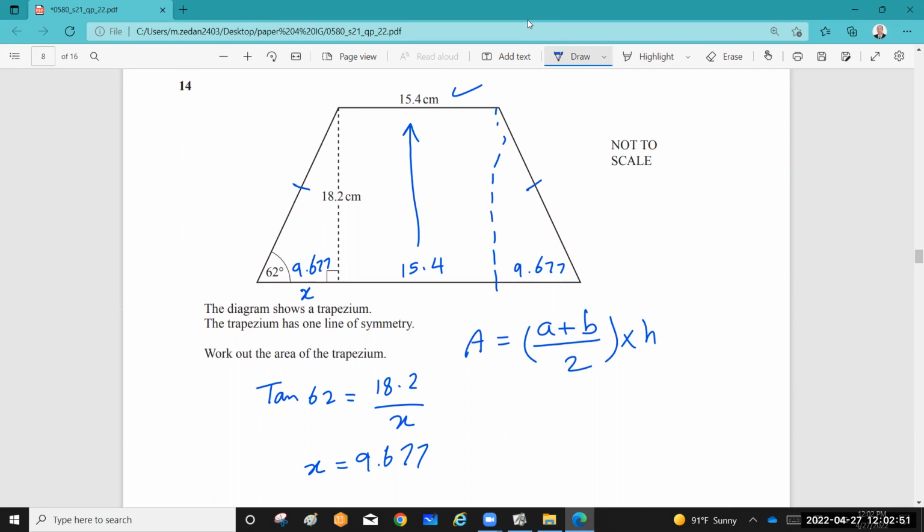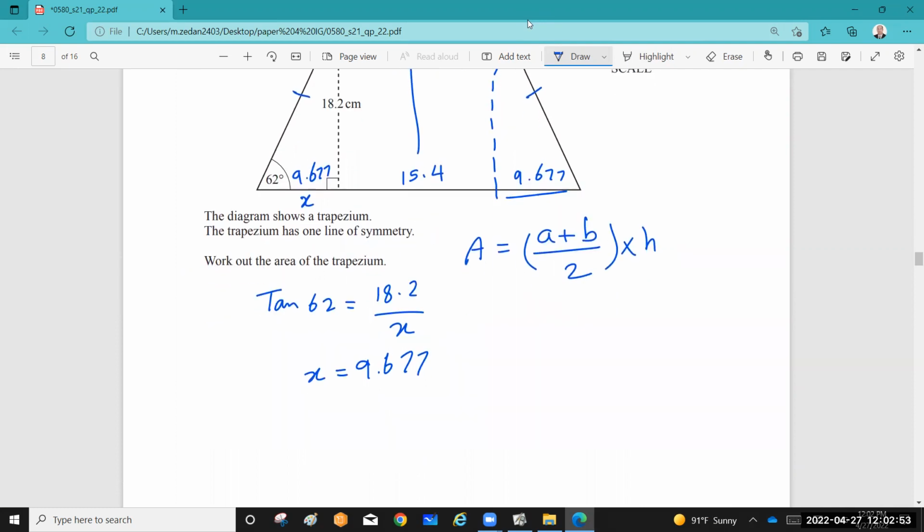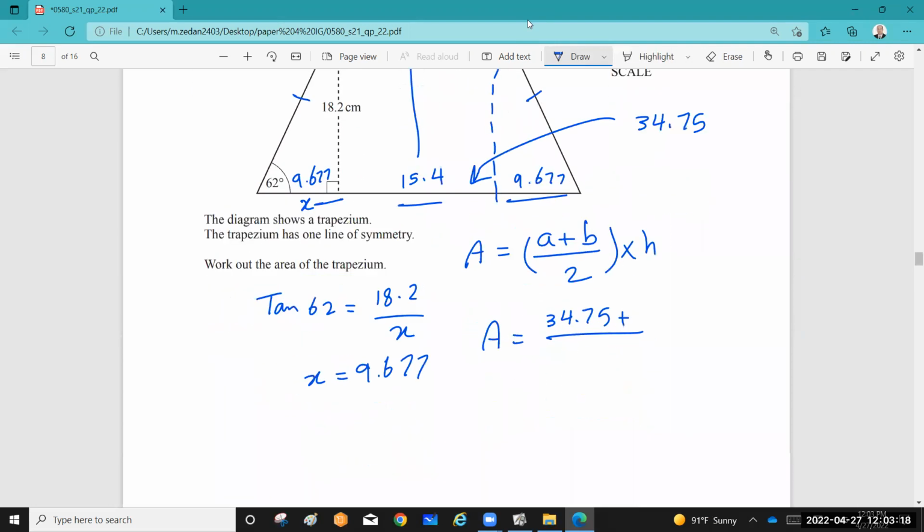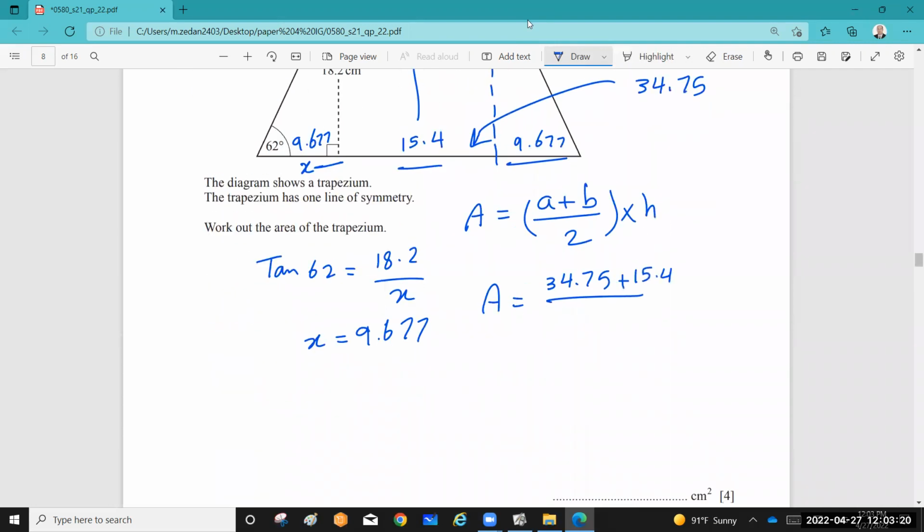So for the longer base, you just add these three sides. The base is, by adding these three numbers, 34.75. So I have 34.75 plus the upper base 15.4, over 2.